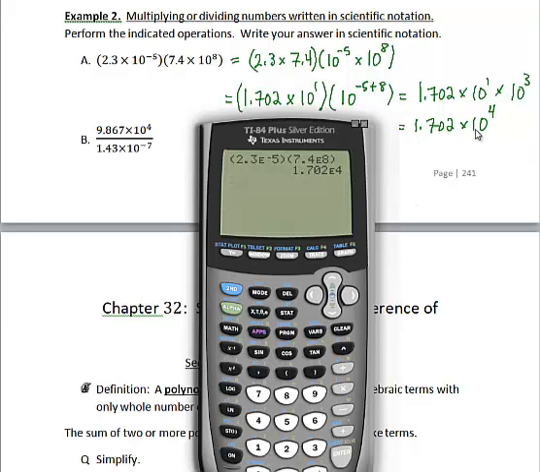E4 means times 10 to the 4. It's the same thing.